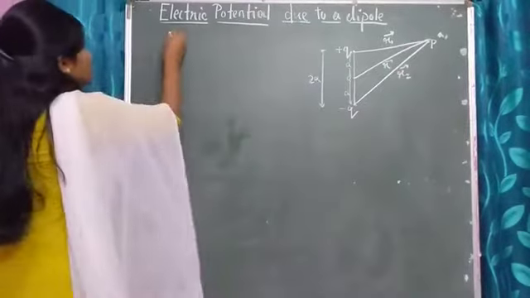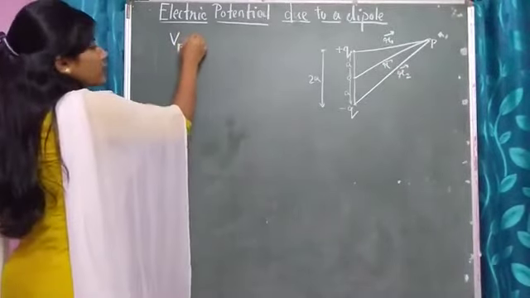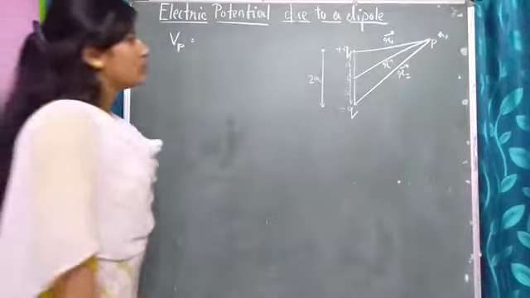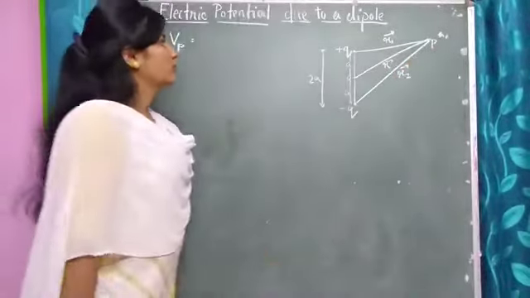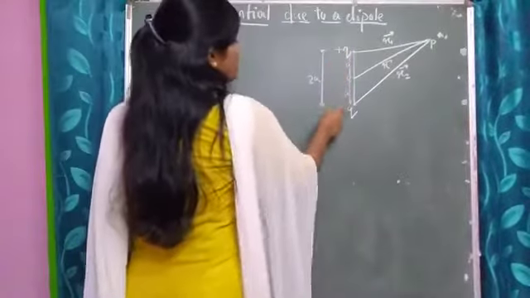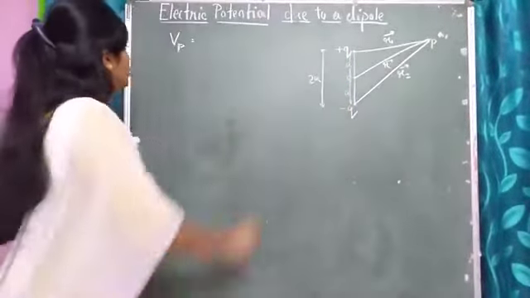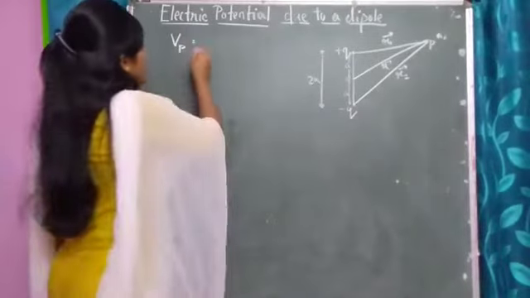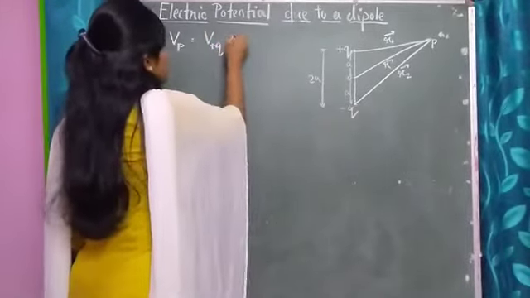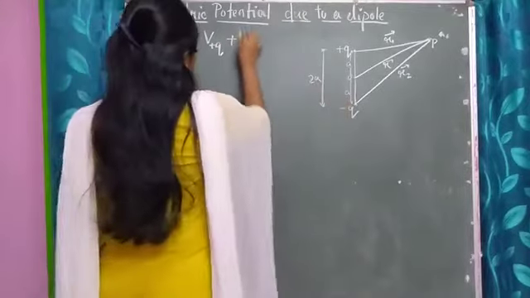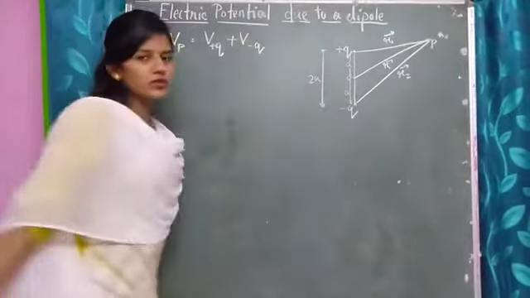Next, what is the electric potential at point P? As we know, the electric potential at a point is the sum of the potentials due to individual charges. So V at point P will be the sum of V due to plus q, plus V due to minus q.